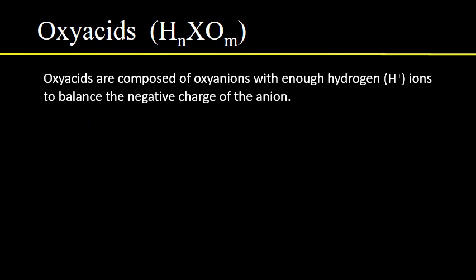So for example, one of our oxyanions was the nitrate ion. This has a -1 charge, so to balance that negative charge, we would need 1 hydrogen. So if we add 1 hydrogen to that, we get nitric acid.